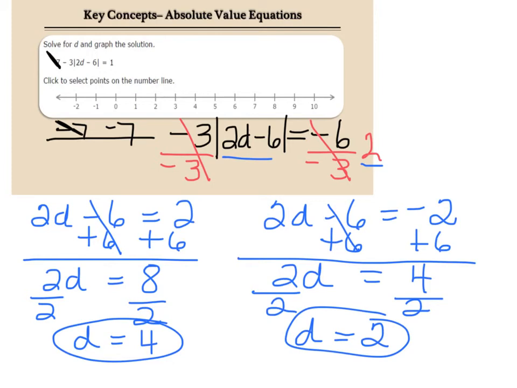The absolute value of negative 2 is 2. 2 times 3 is 6. 7 minus 6 is also 1. So those are the right numbers. So I'm going to come back up here and plot these points on the line. So d is 4 and d is also 2.